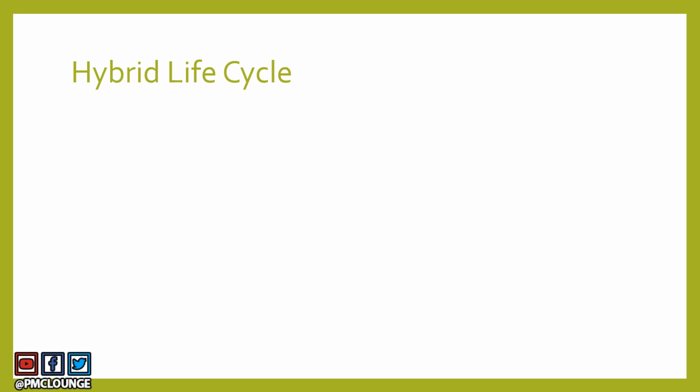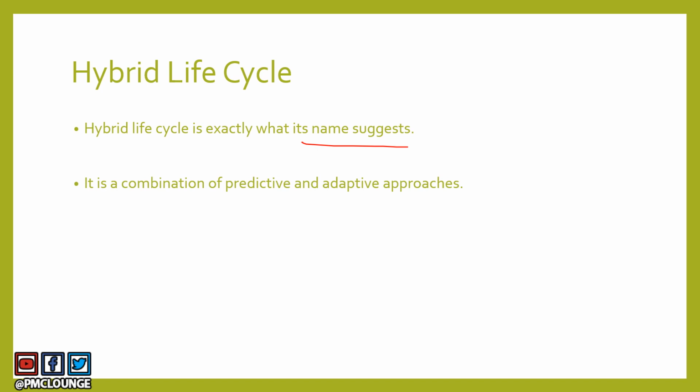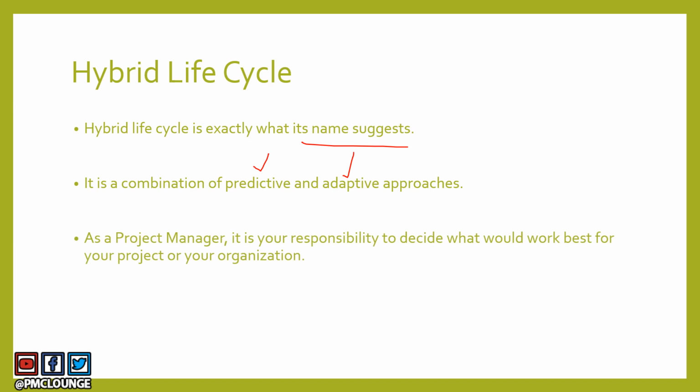Finally, let's talk about the hybrid life cycle, and this is exactly what its name suggests. It is a combination of predictive and adaptive approaches. So what you are going to do as a project manager, it is your responsibility to decide what would work best for your project. Would adaptive approach work best?